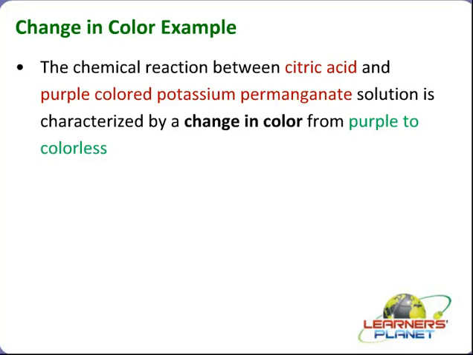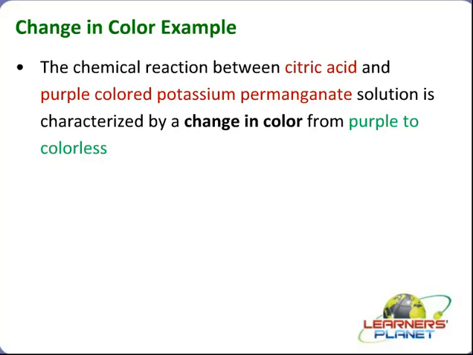Now the chemical reaction between citric acid and purple colored potassium permanganate solution is characterized by a change in color from purple to colorless. Okay, now this potassium permanganate is a solution which has a purple color. You must have seen this in your laboratories, or if not, you can just go and check it out. Right? So this potassium permanganate is purple colored.